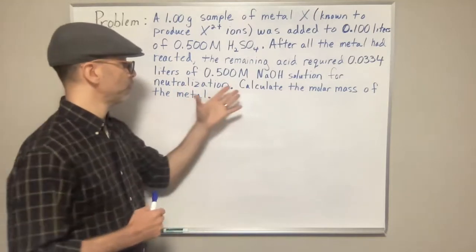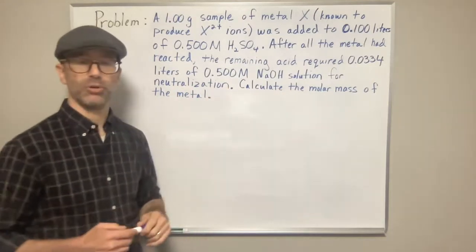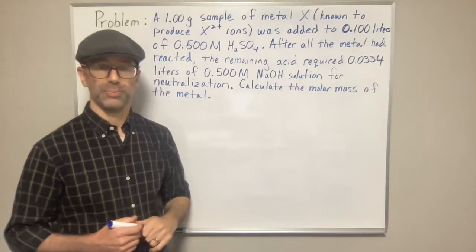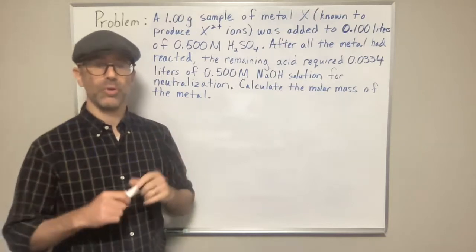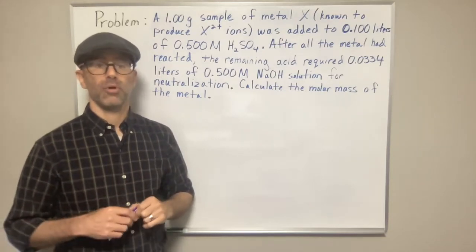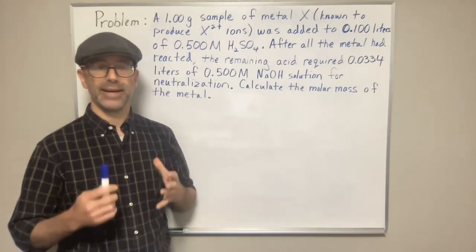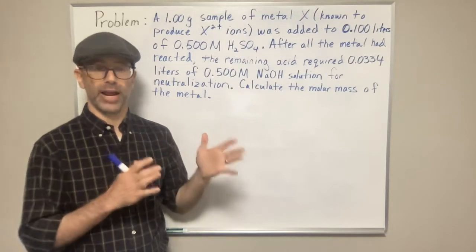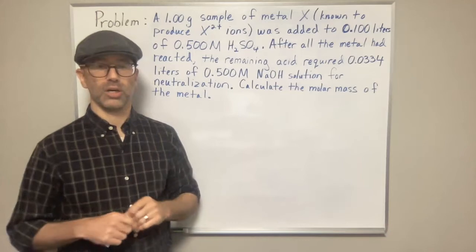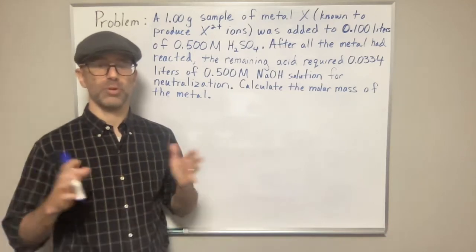So given this information, they want us to calculate the molar mass of our metal. The molar mass is defined as the number of grams per 1 mole of the substance, so it's grams per mole.